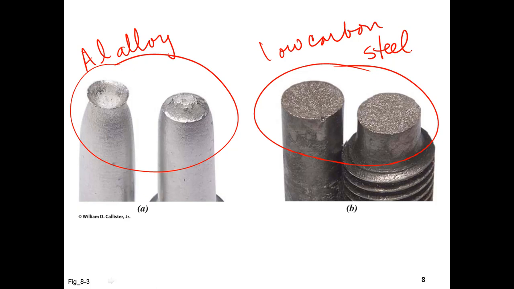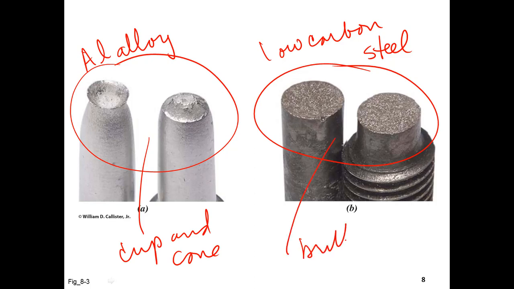Both of these are macro images. Here's the cup and cone surface, and here's a brittle surface on the low carbon steel.